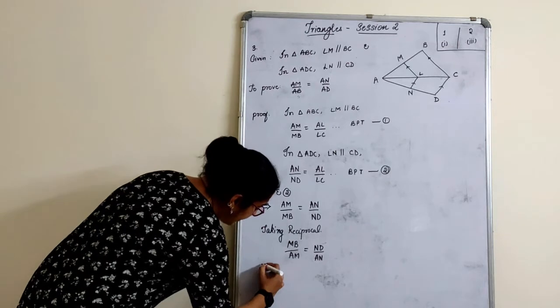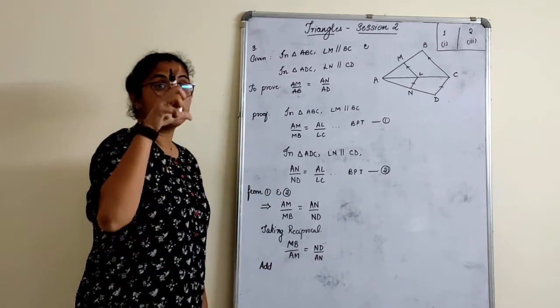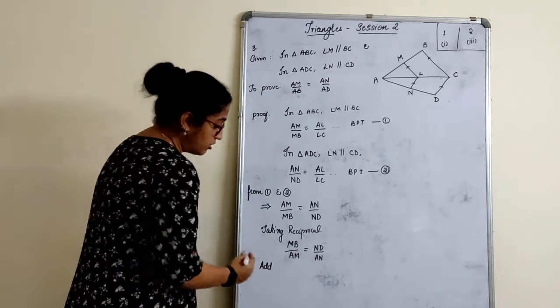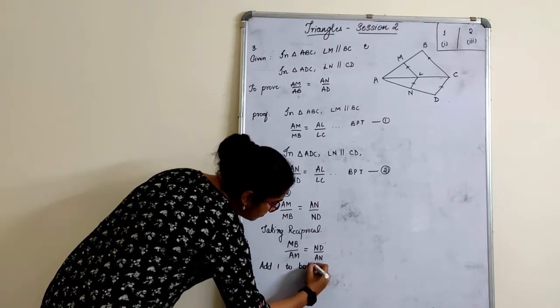After this, add 1 to both sides. That's the procedure for how we find whole by part on both sides. This is actually the procedure in the corollary.